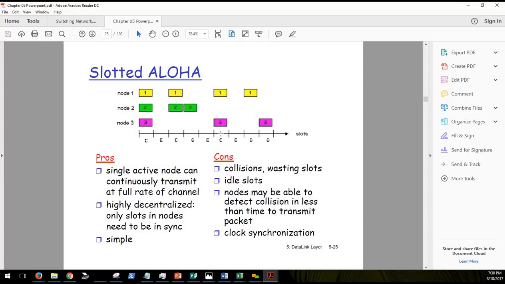How about what devices actually work there? Their primary function is in the data link layer. Which devices are those? They are switches, and they are also routers. You're correct.